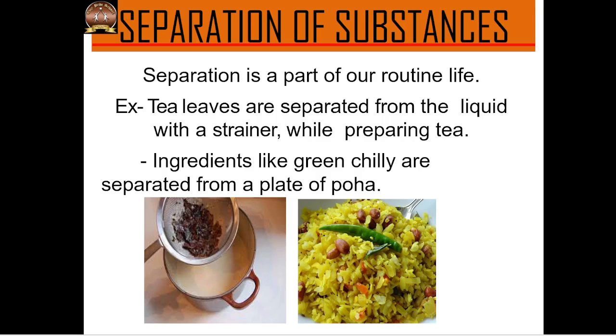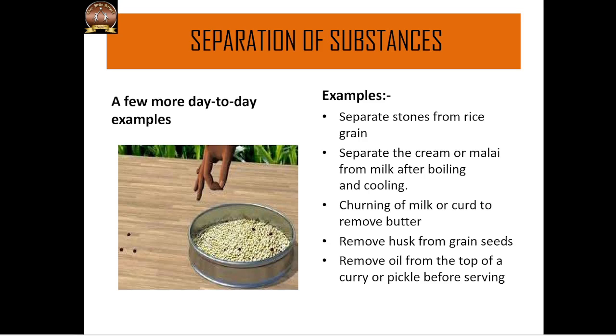But separation plays a much more important role in different industries, for different applications in our day-to-day life. Let's take a look at a few more examples. You must have seen your mother or your grandparent sitting and separating stones from a grain or a pulse before preparing it.